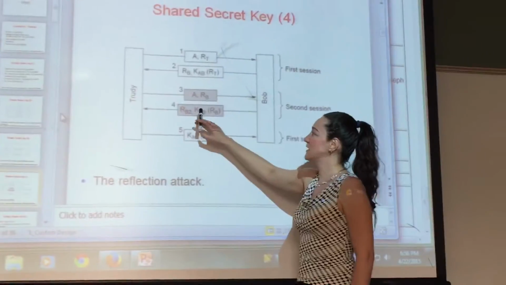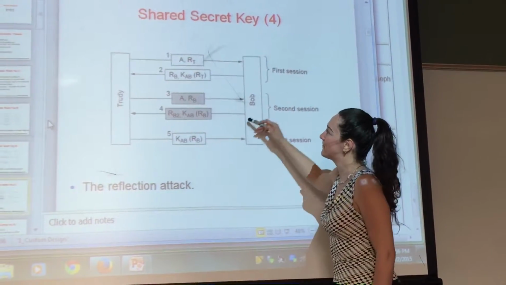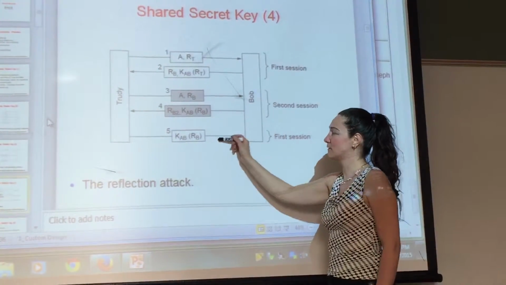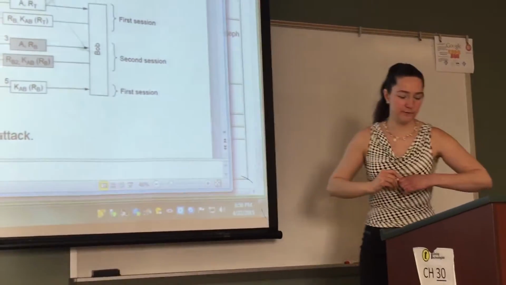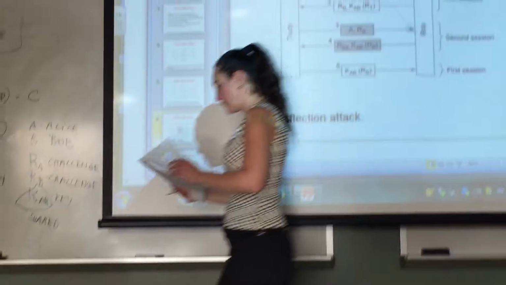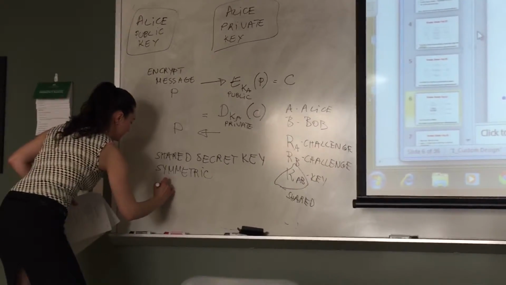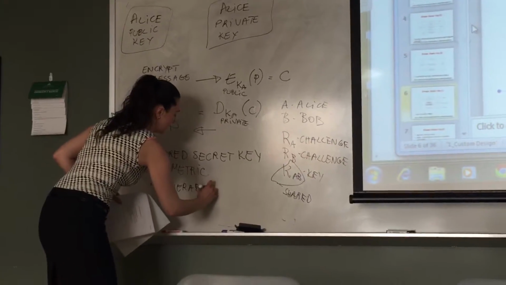And so once she gets that, she can respond to him from the communication in the first session and complete the process. So this is called a reflection attack. So the way we have seen this algorithm, it's vulnerable to reflection attack.